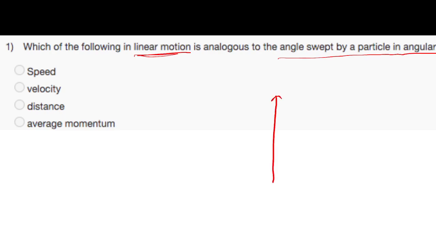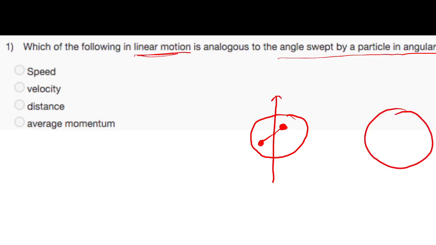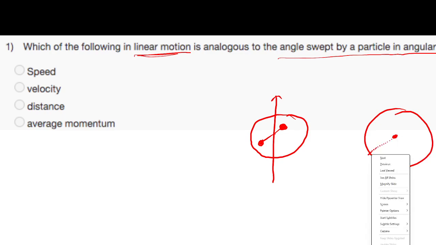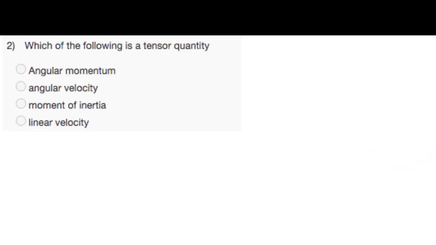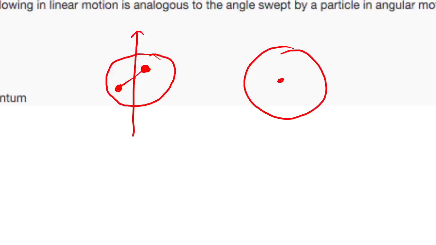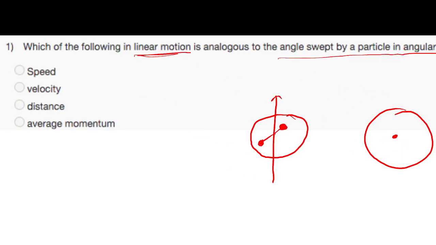Let's say we have this axis, and some molecule is rotating on it. Let's say we have two atoms here. Or simply we can make it simple: let's say it's rotating like this, with a single particle here, and it moved from here.